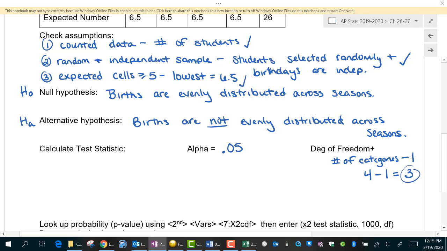And then for my actual test statistic, our chi-square test statistic, remember the formula is the sum of the observed minus the expected, squared, divided by the expected. So I'm going to pause for just a second here and write these components out.